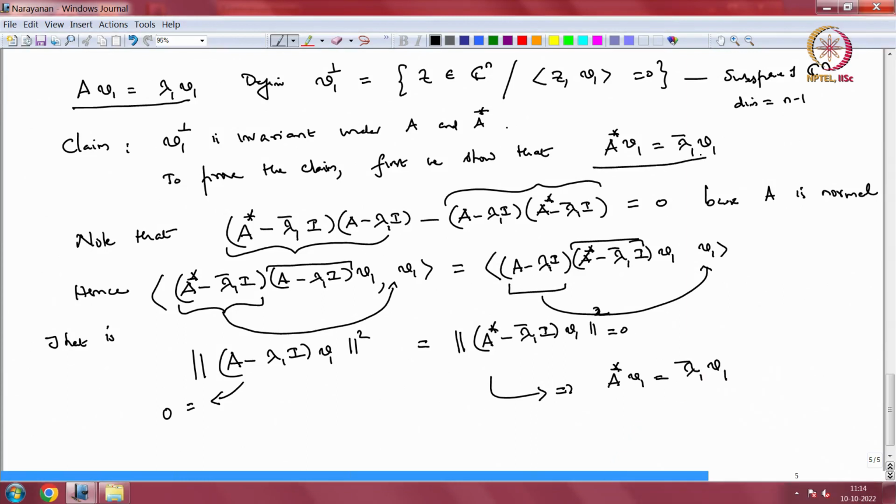So, we proved that if A is normal and V1 is an eigenvector with eigenvalue lambda 1, then V1 is an eigenvector for A star with eigenvalue lambda 1 bar. Okay. So, now we can continue with the proof of the spectral theorem.